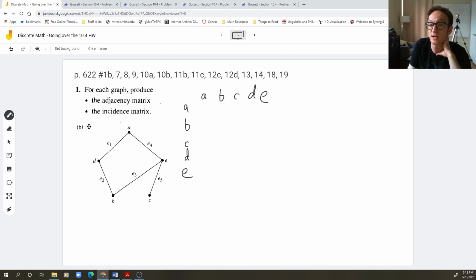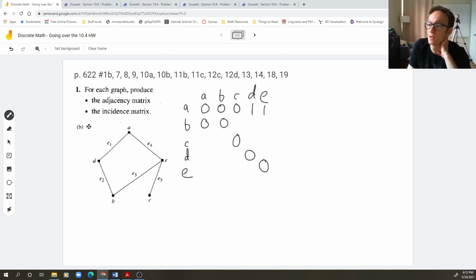It's the matrix which tells me for every pair of vertices whether they are adjacent or not, and with how many edges. But here, this is a very simple graph, so simple you might almost say it's boring. So these are all zeros because it's a simple graph. There are no loops. Here we have A connected to D and E, and that's it.